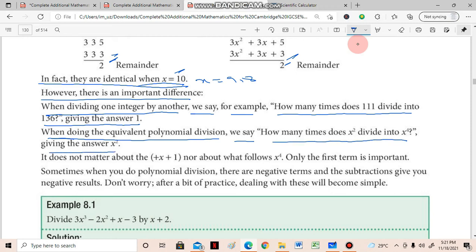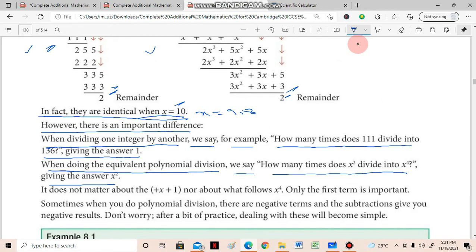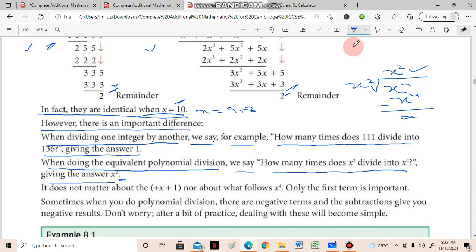So what they mean is that when x to the power 4 is divided by x squared, the answer that we are going to get is x squared. Why? Because we know that x squared multiplied by x squared is equal to x to the power 4. So I hope now you have understood what they are trying to say over here.